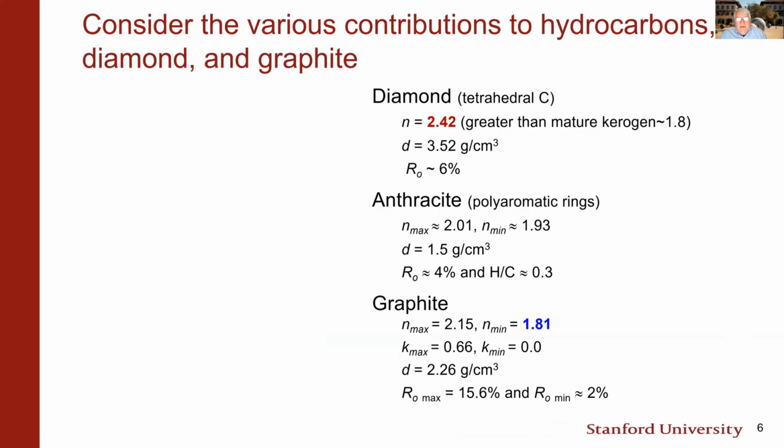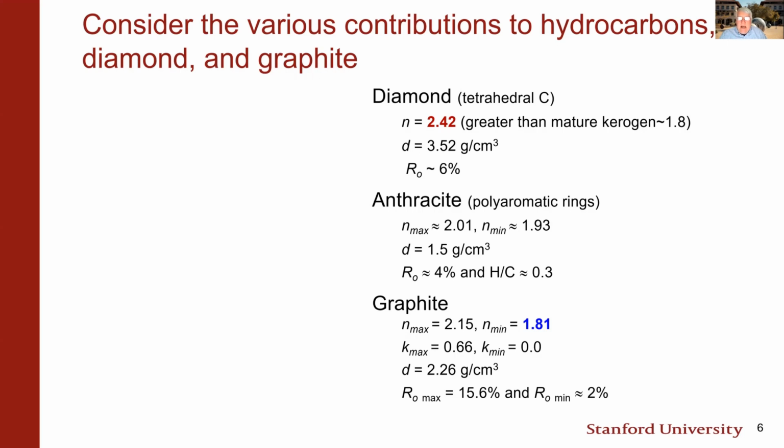So now let's consider the various contributions to hydrocarbons, diamond, and graphite. It's often discussed that vitrinite becomes more reflective because it becomes more aromatic. That's partially true, but it's not the entire story. So let's take diamond, for example. It has a refractive index of 2.42, which is greater than a mature kerogen, 1.8. But as you know, diamond is a perfectly clear material.